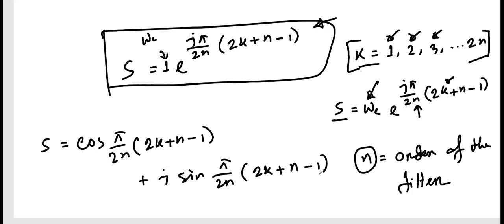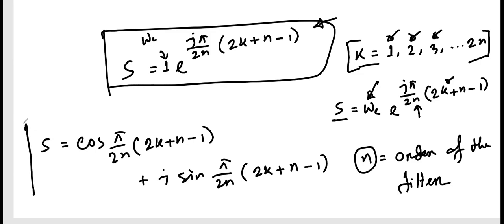We have just considered the poles which give us the stable output. There are some unstable ones, so we are taking those valid poles, not the invalid ones. We'll talk about the valid and non-valid poles as well. However, this is the formula.